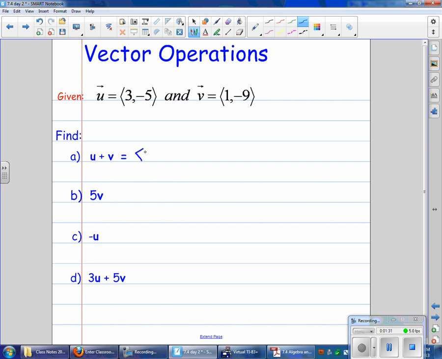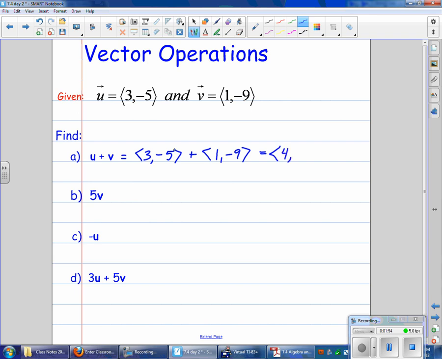You're just going to take each of your vectors. Here's vector u. We're going to add that to vector v. And all we really need to do here is add like components. So we'll add the two horizontal components, 3 and 1. That's going to give us 4.